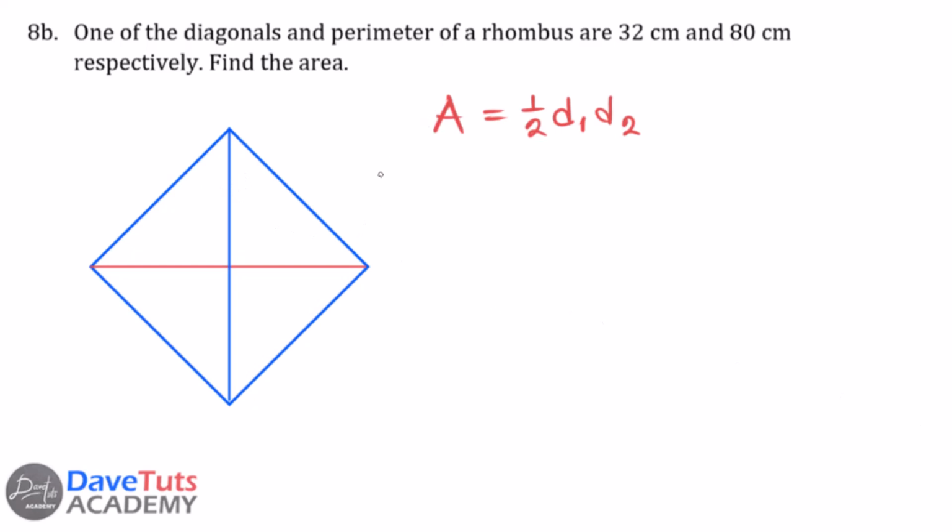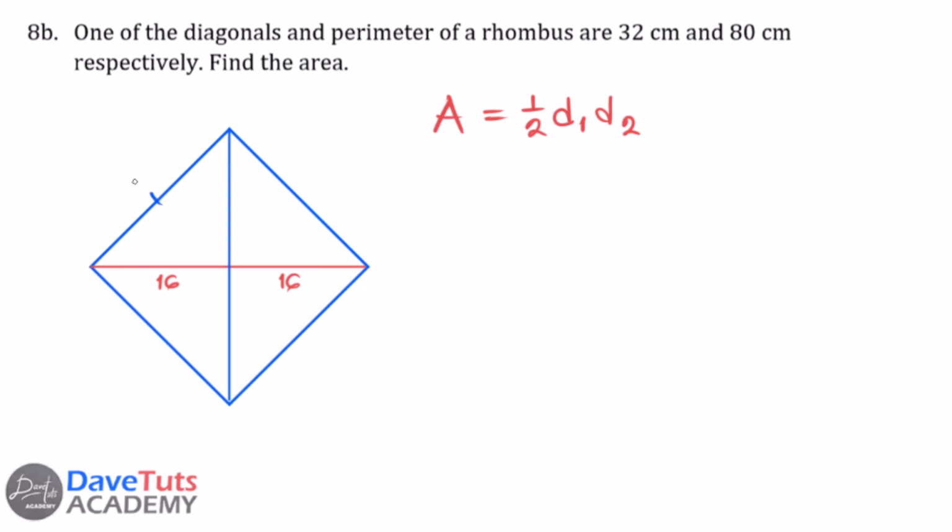And that is how we actually go about getting the area of the rhombus. But interestingly, we are told that one diagonal is 32. So if I take this red one as 32, that means here, let me say this is 16 and this is 16, so that the addition of the 2 will be 32. Good and fine. Now we are told that the perimeter, which means the sum of all the sides. For a rhombus, the sides are equal.